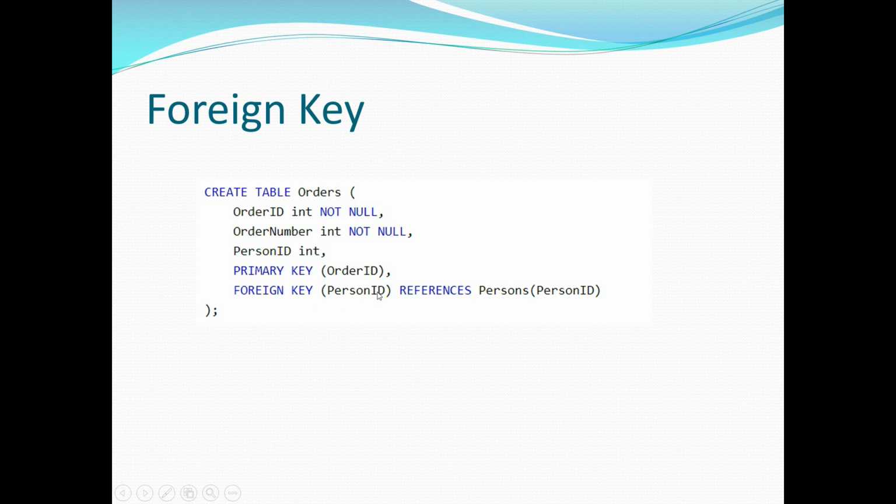Person ID references the persons table. Okay, so hope you understand. The foreign key is the column name of the current table that you want to make a foreign key, and inside references you put the table and column that it connects to, the primary key.